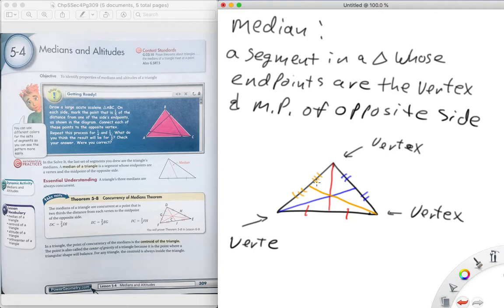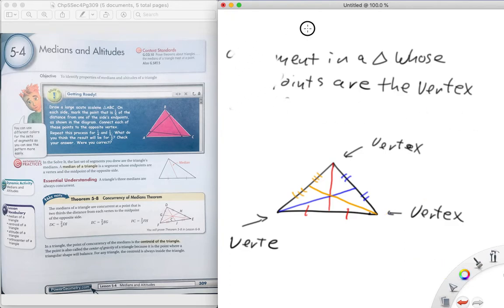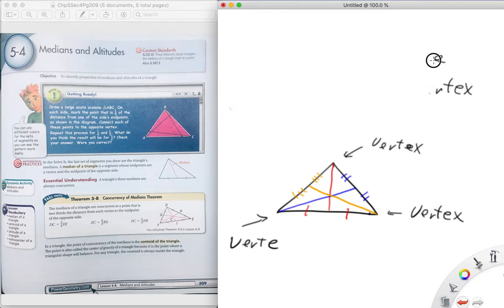With that, we have something called the concurrency of medians. What is concurrency? Concurrency was something that was taught in the previous section, but we skipped it.